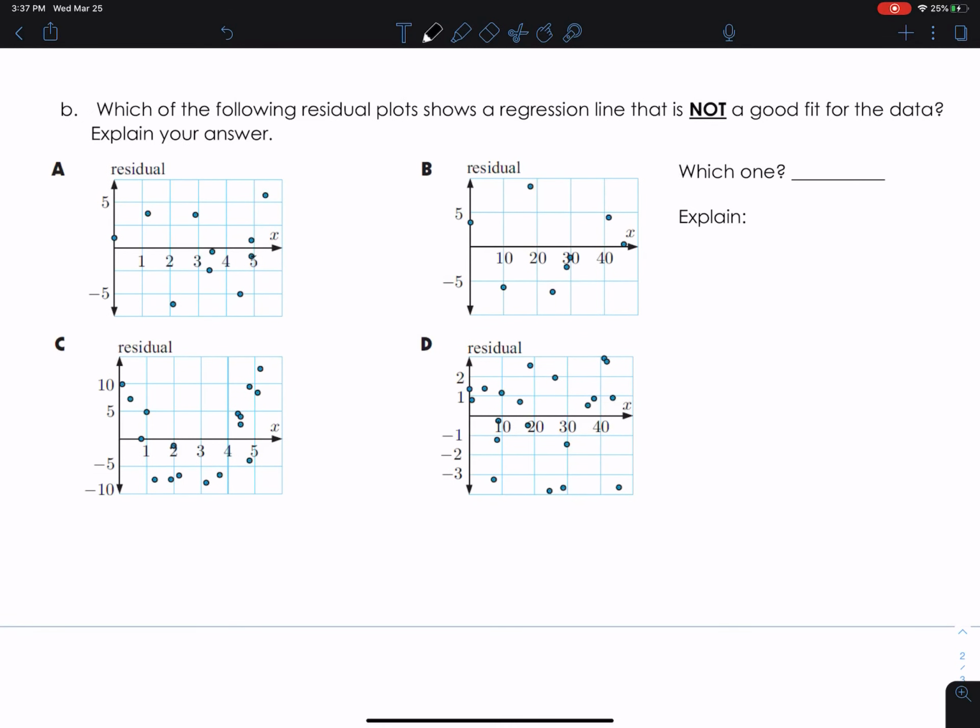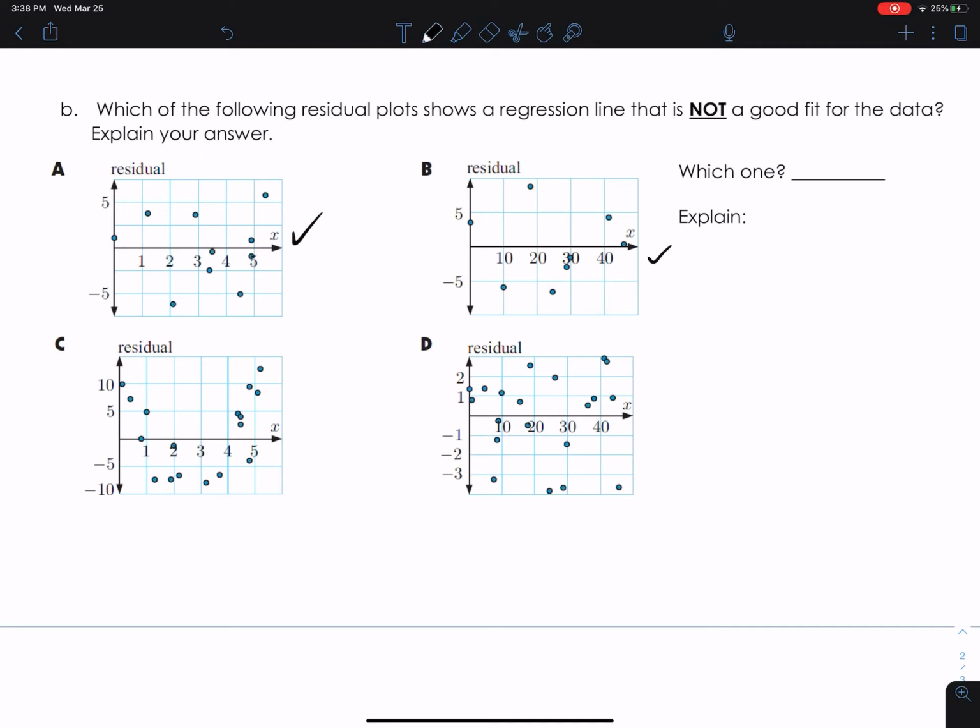And then the last question is asking you to identify which of the following residual plots shows a regression line that is not a good fit for the data. So remember, if it's a good fit, the points are randomly scattered and there's no pattern. So here on A, the points are randomly scattered. So I'm going to put a check. It looks like it's a good fit.